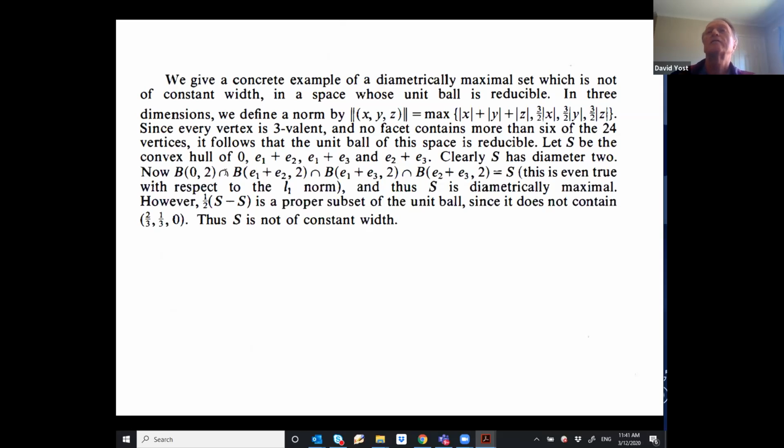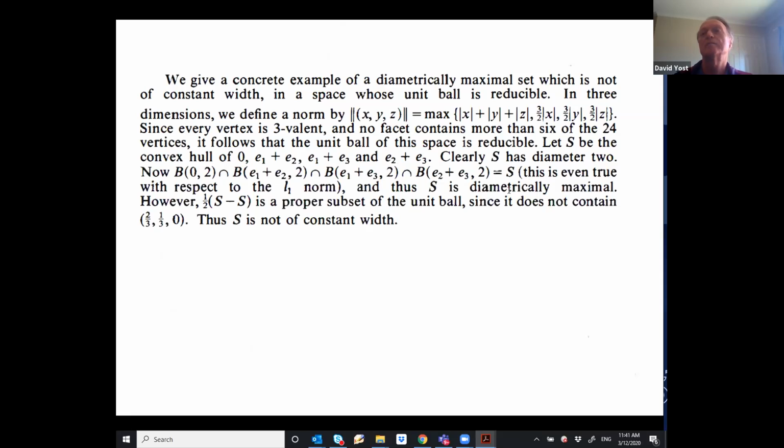On the other hand, in a short calculation, I'll let S be this set, the convex hull of these 4 points. So 0, e1, e2, e3 are the standard unit vectors. With respect to this norm, this set has diameter 2. But now, if I take the intersection of the balls with center at these points and radius 2, I get exactly this set.